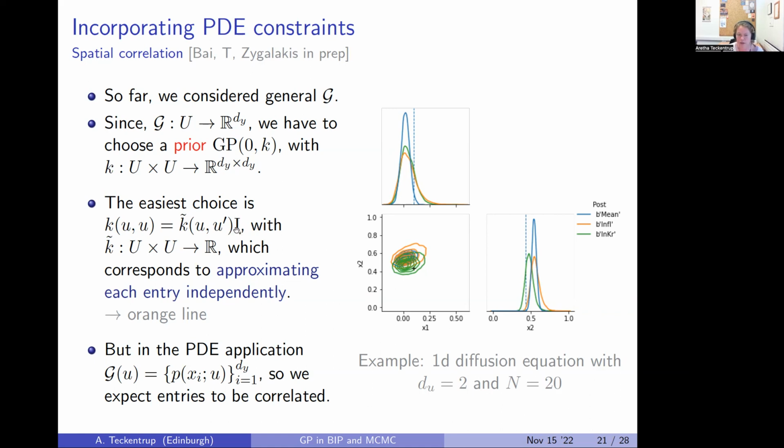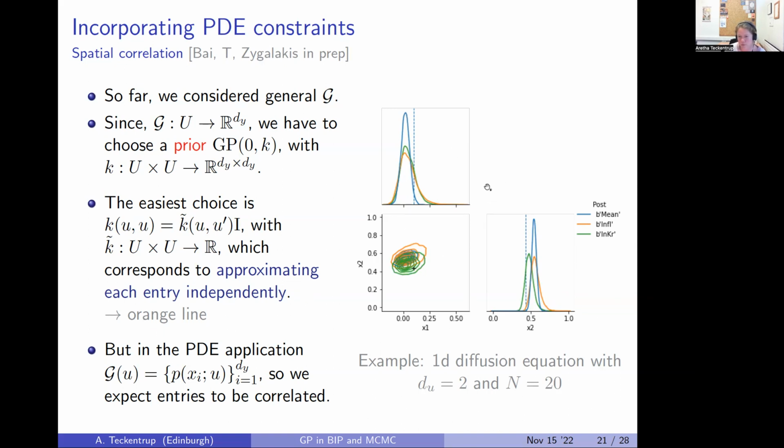So then you're not putting any covariance between the different components of G, because that's all zero, and you just have one covariance kernel K tilde. That's what we've done in this orange line that I showed you earlier.